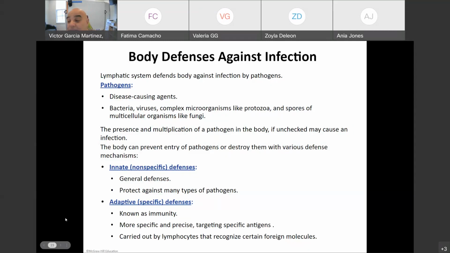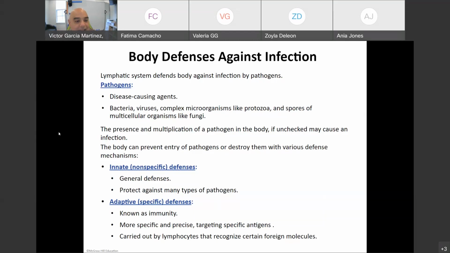Guys, the last function, and in my opinion the most important function that we have in our lymphatic system and the immune system, which is embedded in the lymphatic system, is our defense against infections. Then it's going to be better if we consider some concepts, such as pathogens. It's good to know.